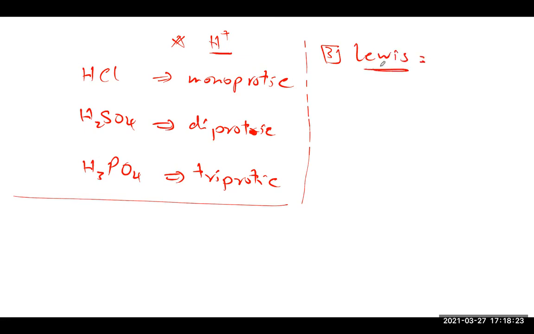And we know that Lewis is mainly trying to examine the electron structure, the electrons around the atoms inside the structure. So he talked about the atom and the electrons, and he said that any acid can take or gain electrons. Of course, they will take a pair of electrons.